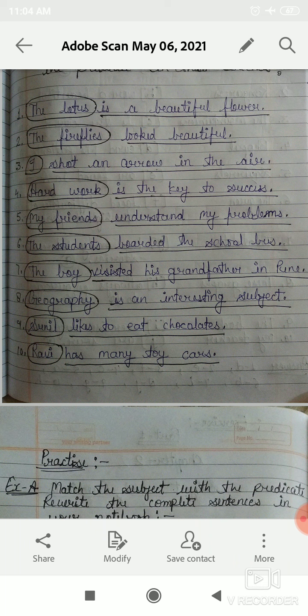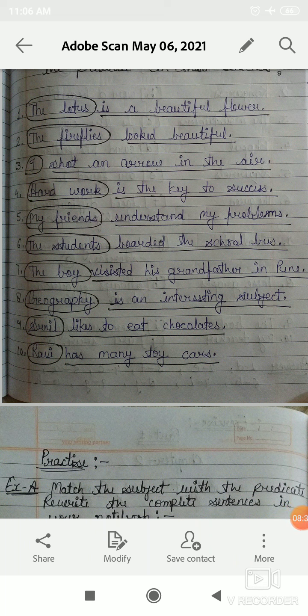So geography is a subject, and the remaining group of words, is an interesting subject, is a predicate. So students, you have to circle the word geography and underline the group of words is an interesting subject because this is a predicate. Now next, number 9.